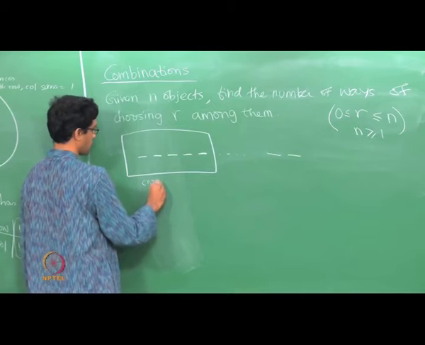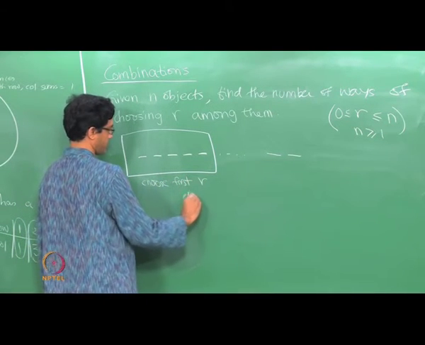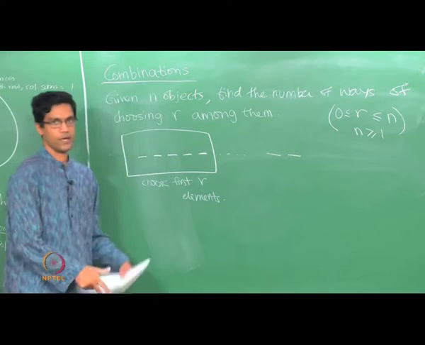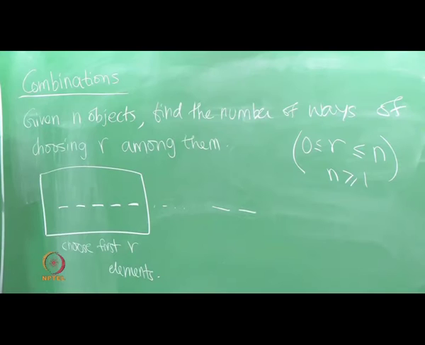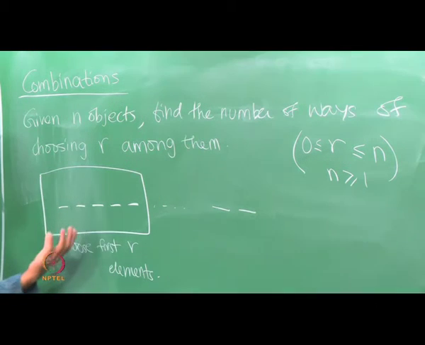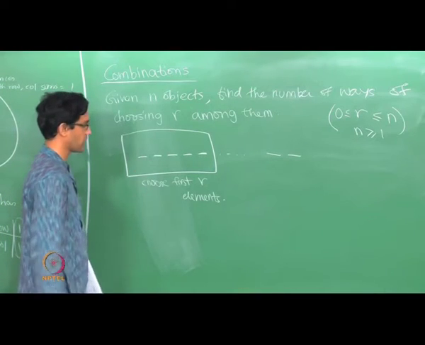So choose first R elements and sort of put them in your basket. That's the choice you will make. So the question is, of course many different permutations will lead to the same choice of these R elements, right. So how many different permutations will lead to the same choice of R elements?